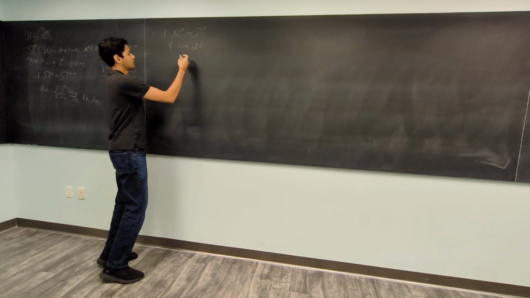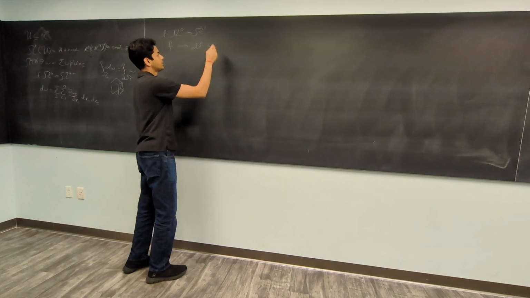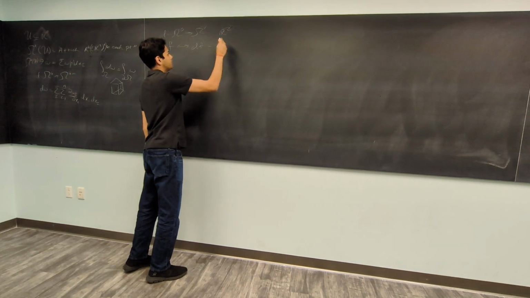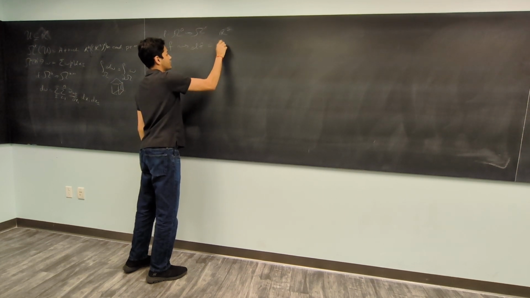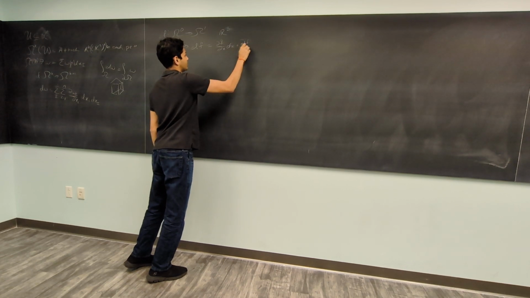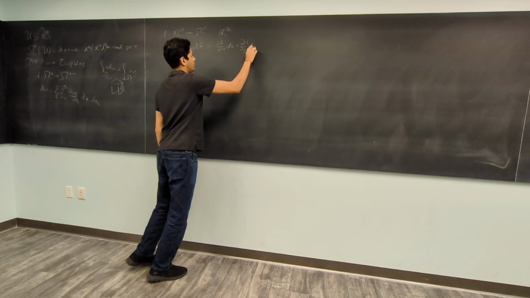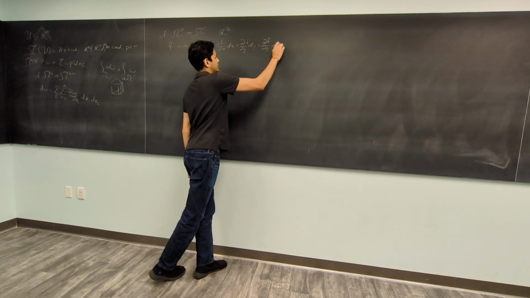So if we compute this out using this formula, then what we get is, for example, in R2, or let's work with R3. In R3, we'll get partial f partial x dx, plus partial f partial y dy, plus partial f partial z dz. Great.